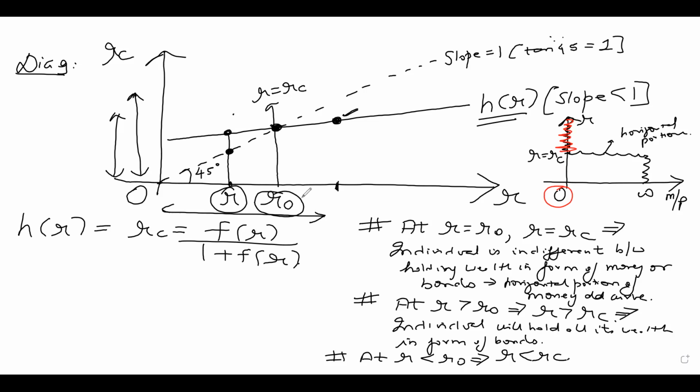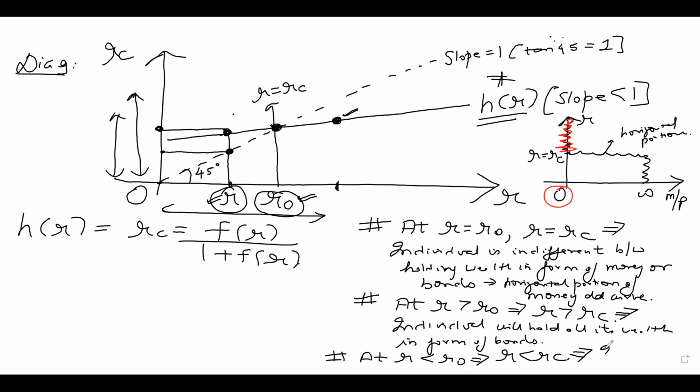When your actual rate of return falls below R naught, then at this level of market rate of return, for equality to happen, your RC should have been this much. But your actual RC is given by the H of R line, which is this much. So for R less than R naught, R is also less than RC.